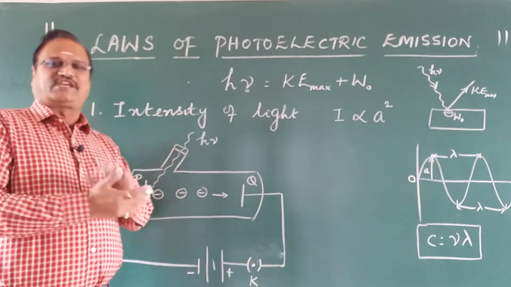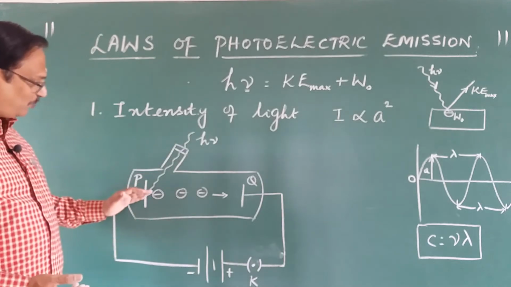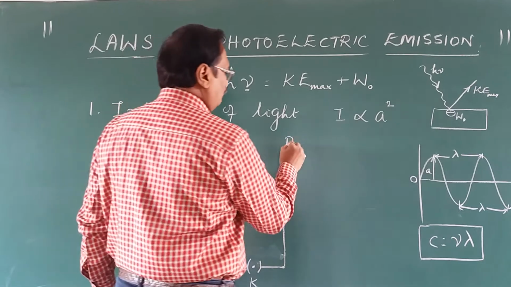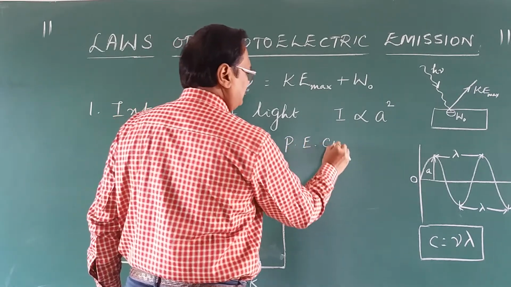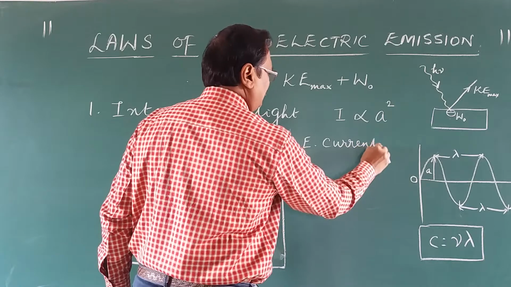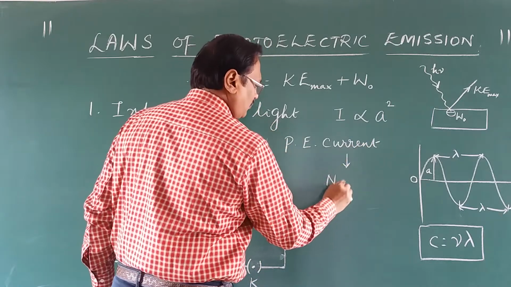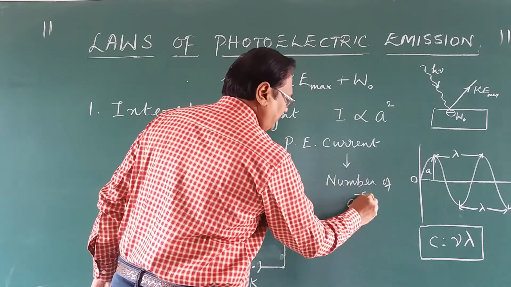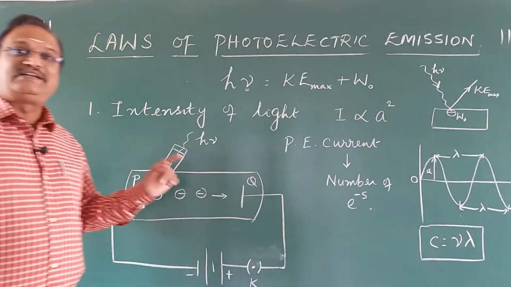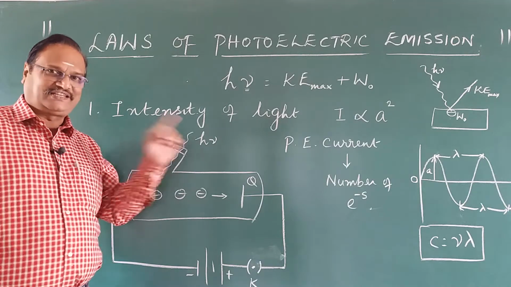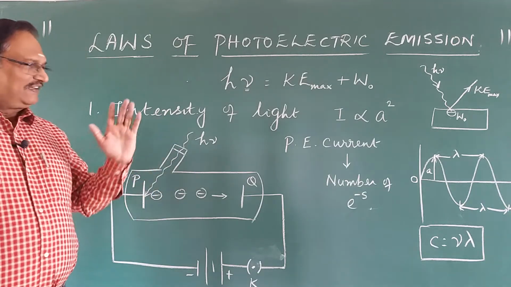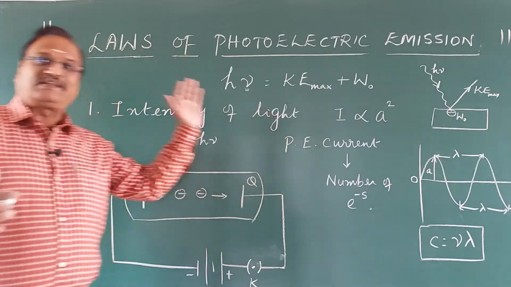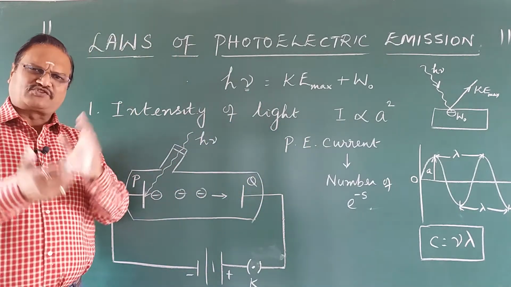Now, the first law says the photoelectric current. I keep it very carefully. What do you mean by photoelectric current? The number of electrons which are coming out. That depends on intensity. Again, the photoelectric current depends on the intensity of light. Now, what does it mean?